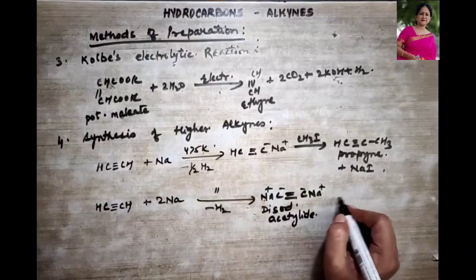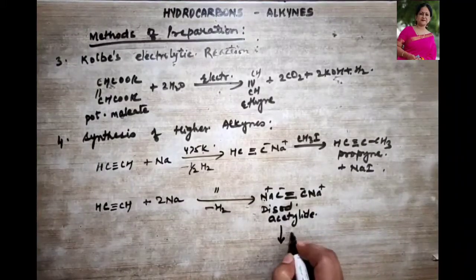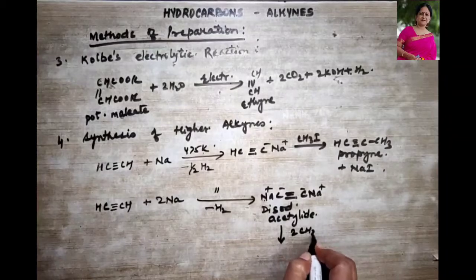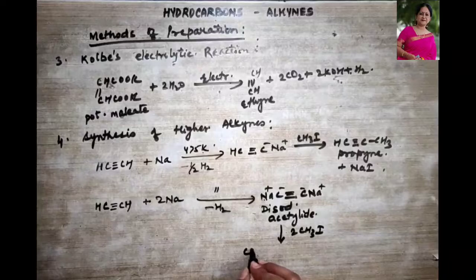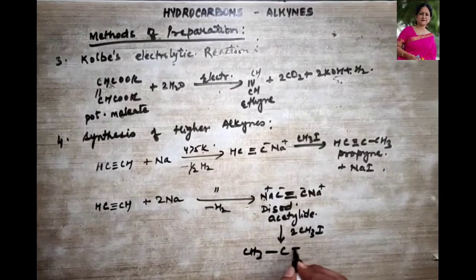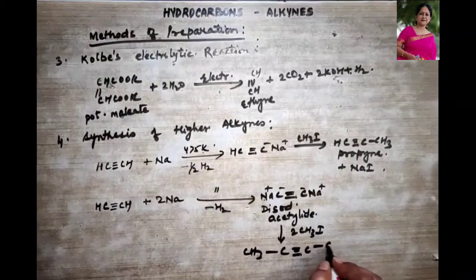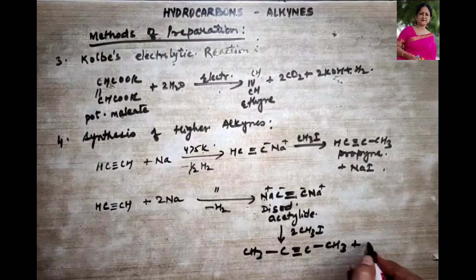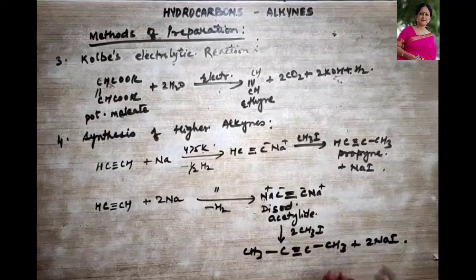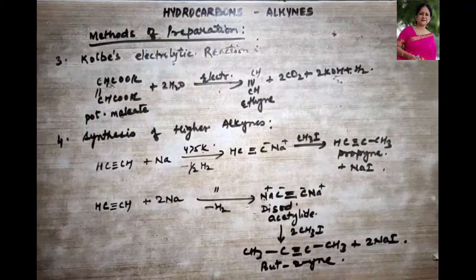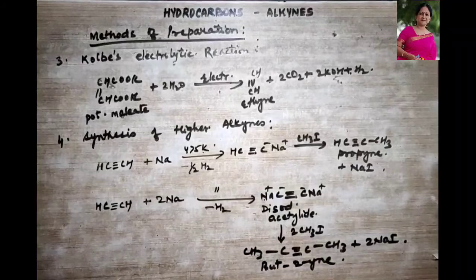This further, when treated with 2 molecules of CH3I, is going to give us CH3-C≡C-CH3 plus 2 NaI. Which alkyne is formed over here? But-2-yne is formed over here.